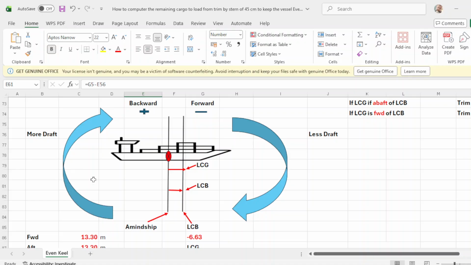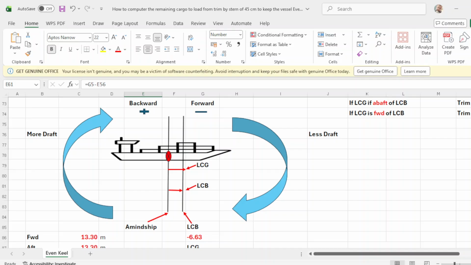I made an arrow here because initially we are trimmed by the stern of 45 centimeters. So this part will go up. That's why it is in a clockwise direction, and this one will be clockwise also because this will go down, just like a seesaw, when this goes up, this one goes down. Since you are trimmed by the stern of 45 centimeters, they have to go up to have even keel, and this will go down.